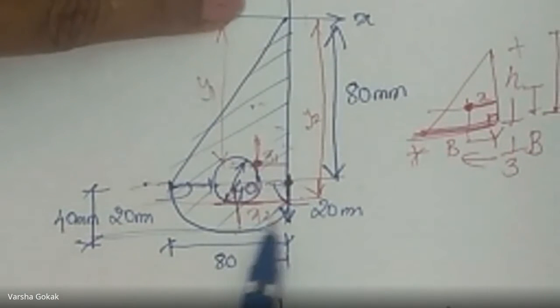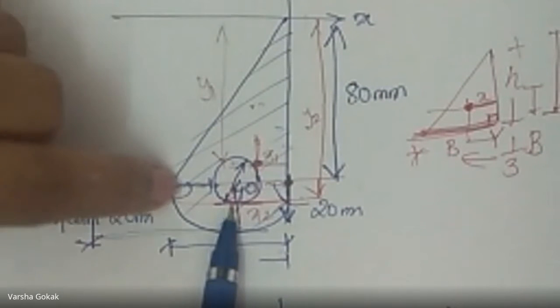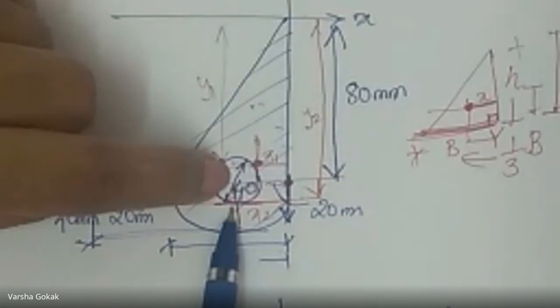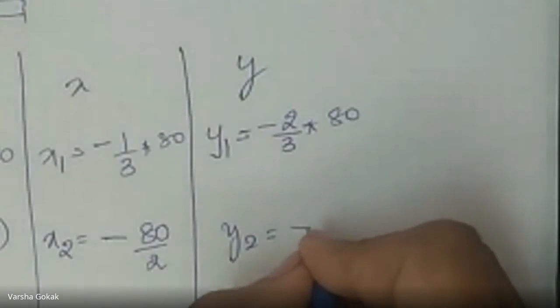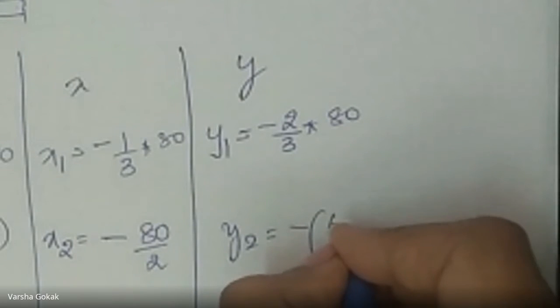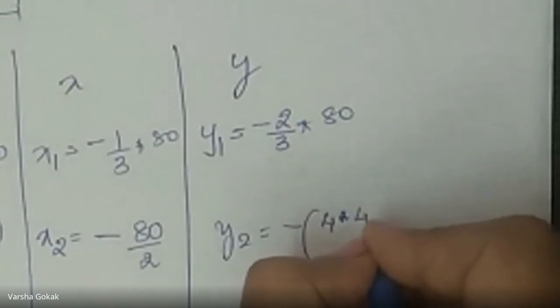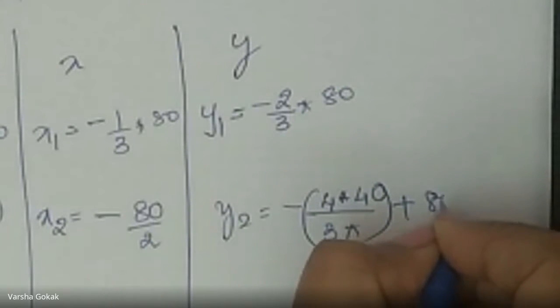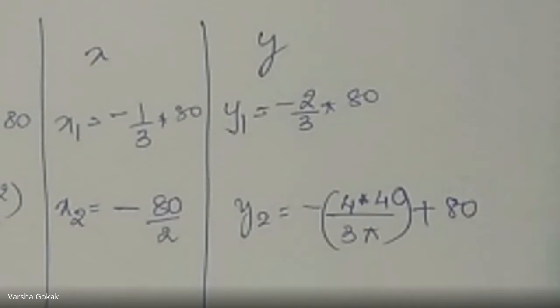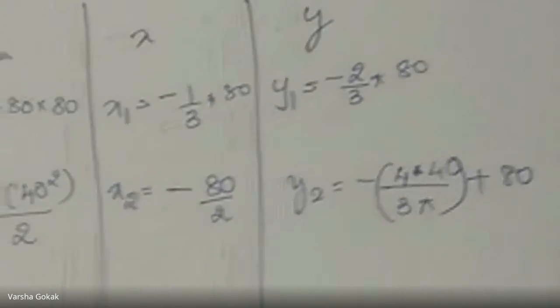From reference axis to here is y2. So this is 4r by 3 pi, small one. I have to add 80 to it, correct? So y2 becomes 4r by 3 pi plus 80. Understood? Any doubt? 4r by 3 pi plus 80 is your y2. So we are done with two figures.